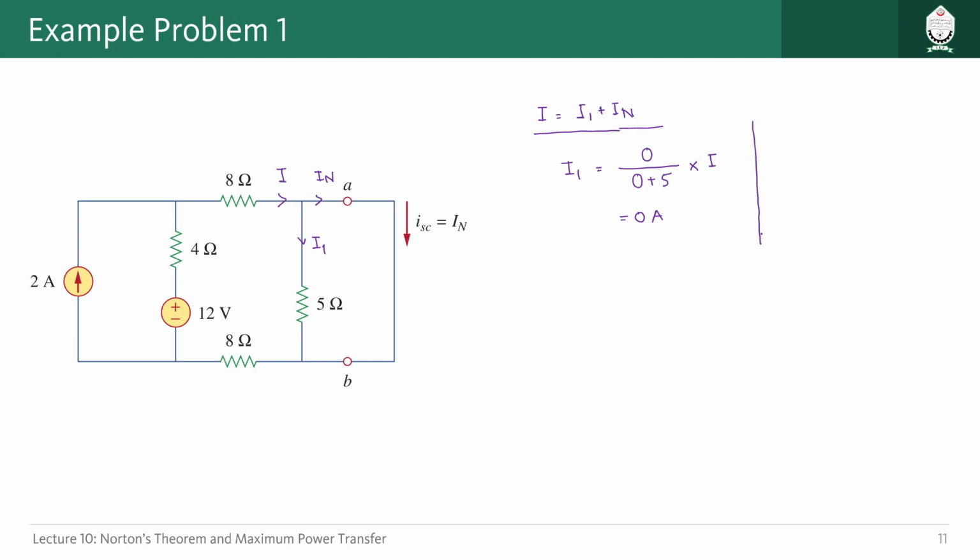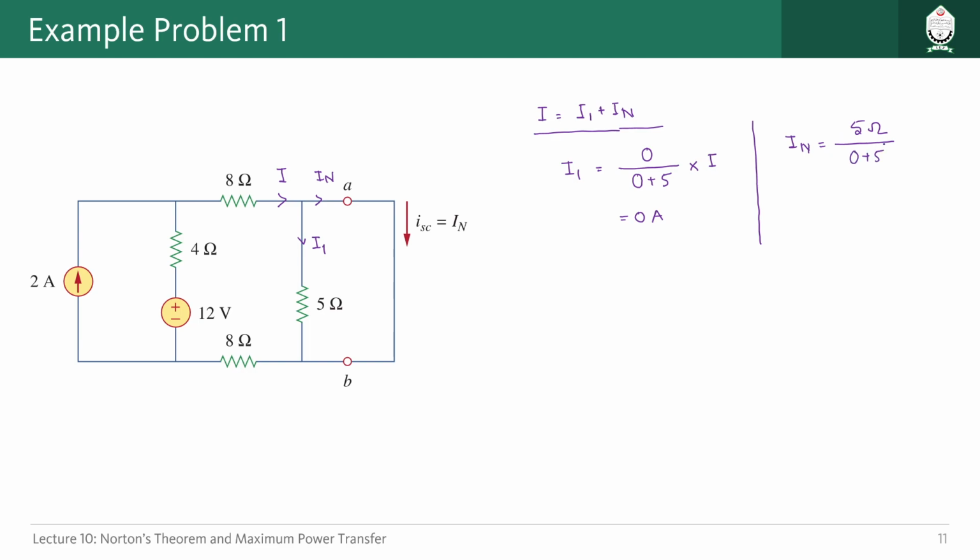And if I want to find the value of IN, in the numerator should be the value of the resistor from the opposite path. So at the numerator we will have 5 ohm, and at the bottom we will have the summation of the 2 resistors.